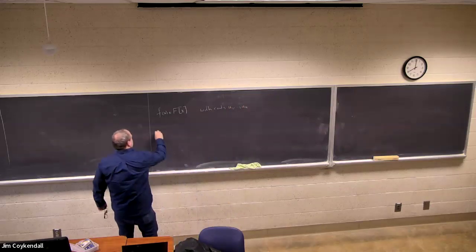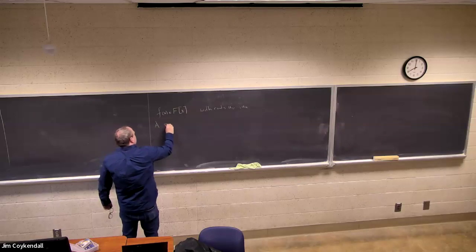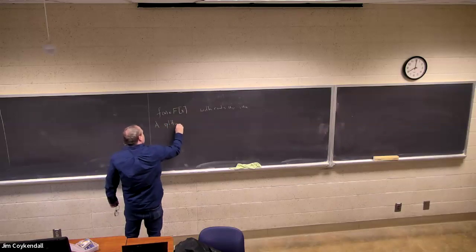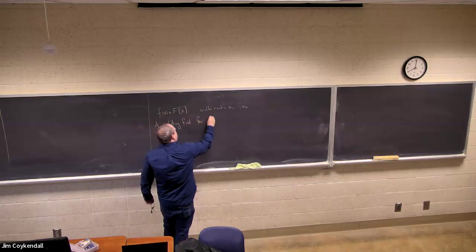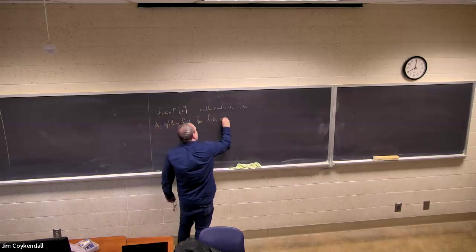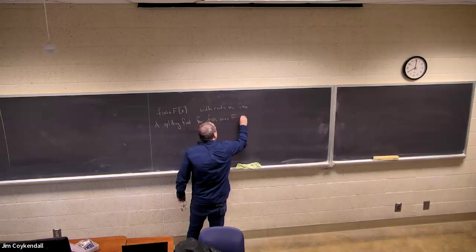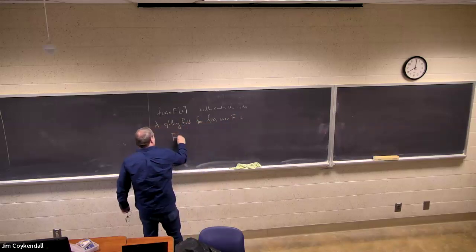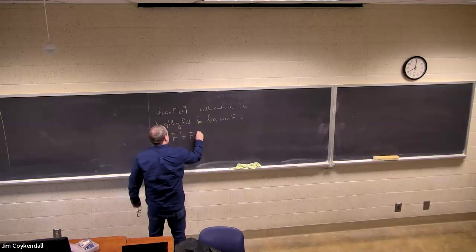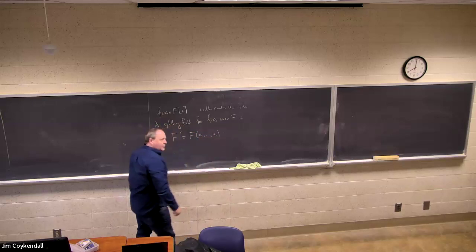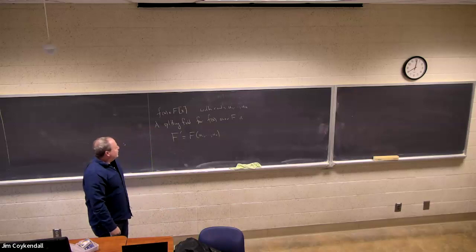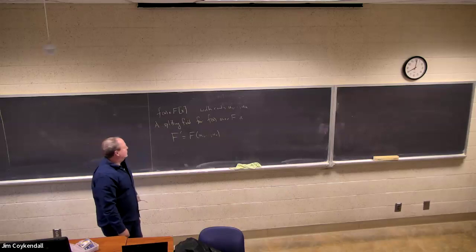A splitting field for f of x over F is the smallest field that contains F, and such that the polynomial splits down into linear factors, right?